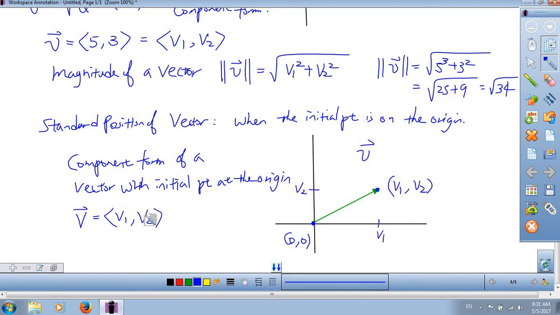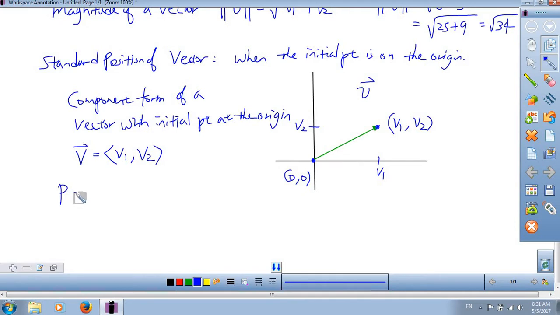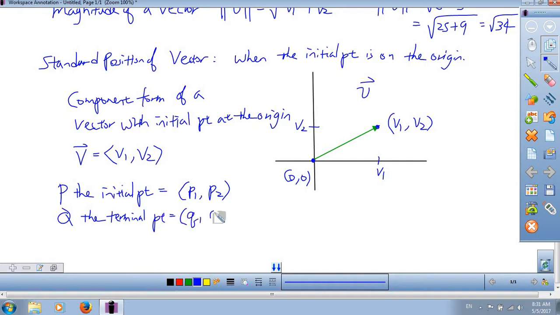Now, if they give you two points, it's very simple. Let's say p, the initial point, is equal to p1, p2, and q, the terminal point, is equal to q1, q2.